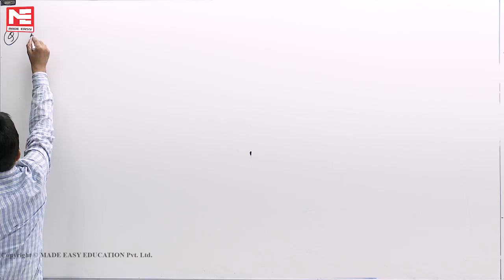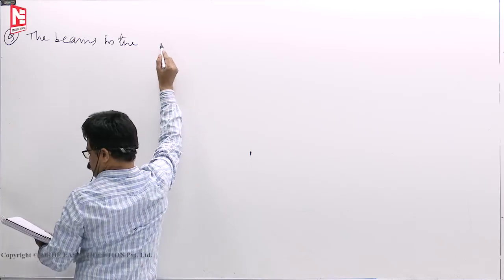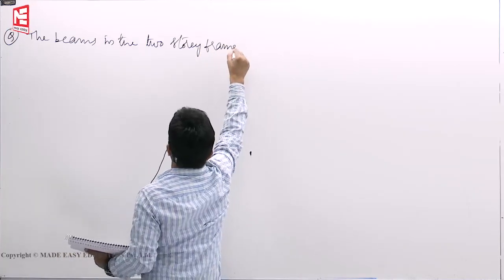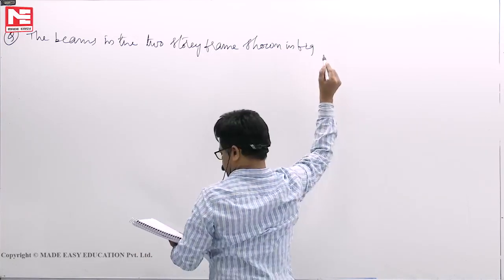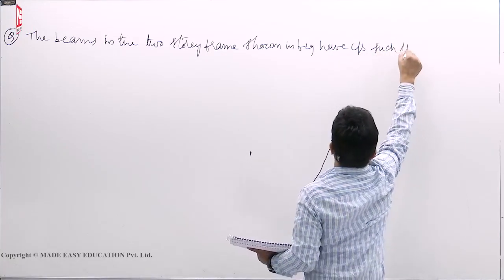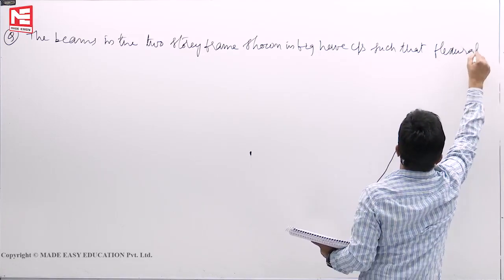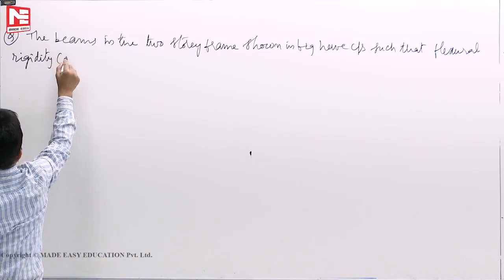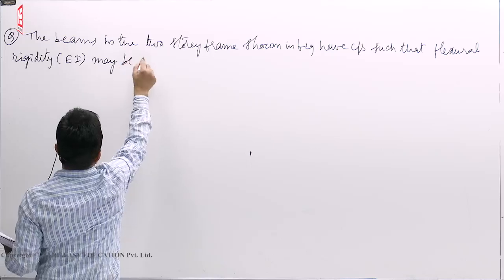The beams in the two-story frame shown in the figure have cross sections such that the flexural rigidity EI may be considered as infinity.